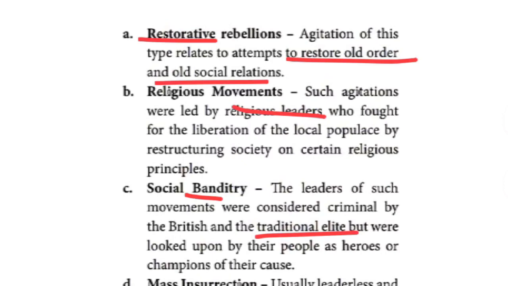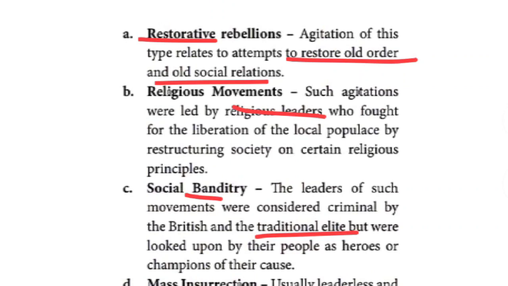A violent revolt or uprising. Uprising in the sense revolt, but here there was no leader. This type of fight against the British was by the people, the masses, a group of people. So that's the thing, children.